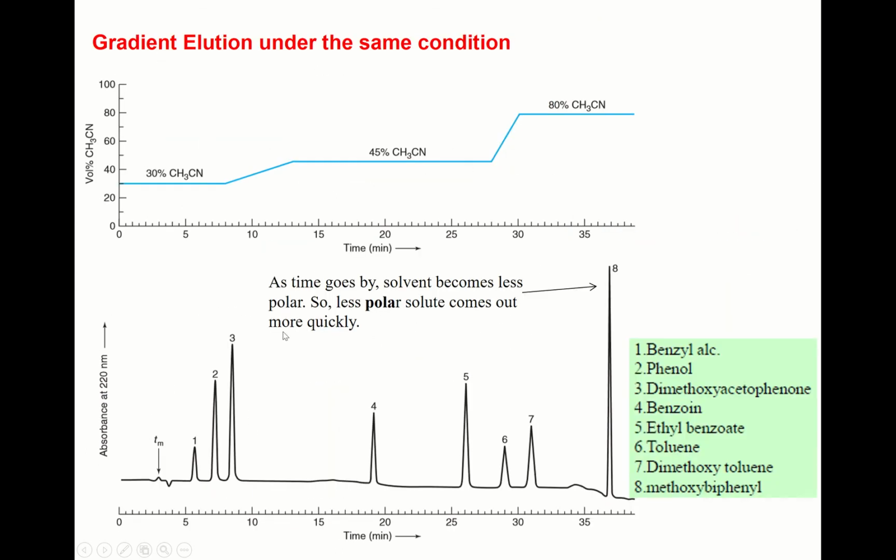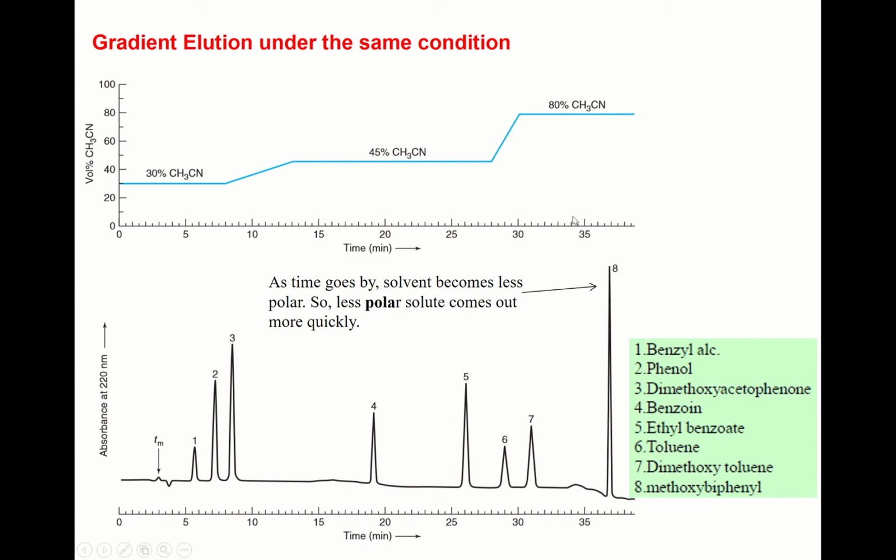Here, look at that. Up to maybe 7 minutes, use 30% acetonitrile, and then increase the percentage of acetonitrile constantly, from maybe 13 minutes to here, to 45% acetonitrile, and then increase acetonitrile further up to 80%.